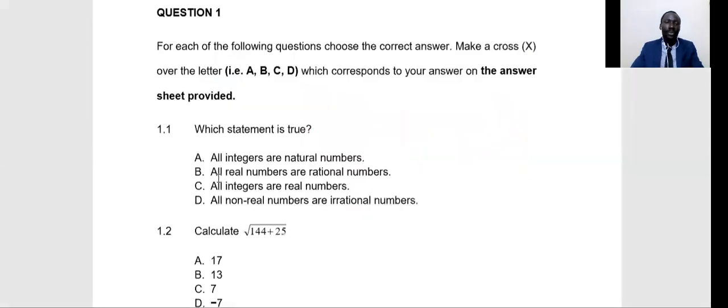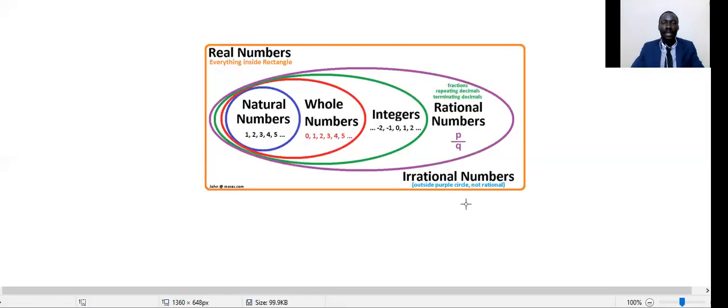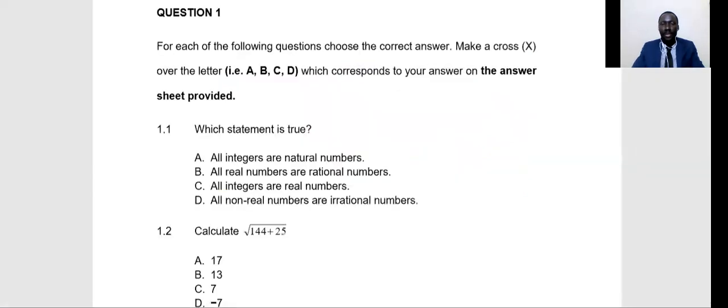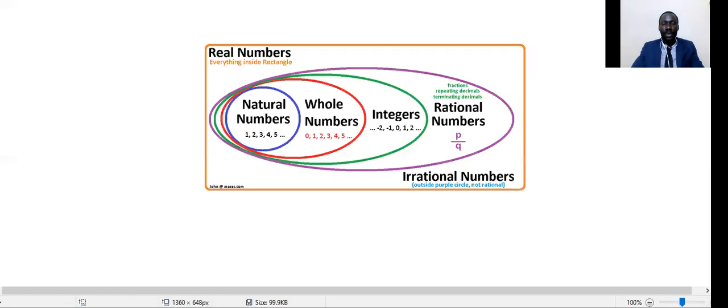That means A is not correct. Then we move on to B: all real numbers are rational numbers. What are rational numbers? Rational numbers are numbers that are formed when two other numbers are divided. So according to this statement, are all real numbers rational numbers? No. Then the next, all integers are real numbers. What are real numbers?